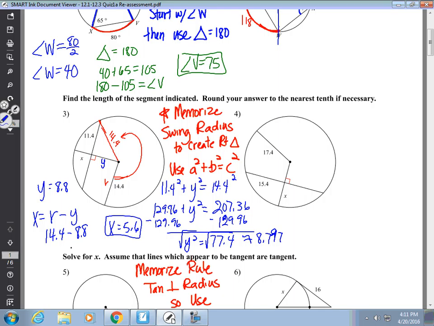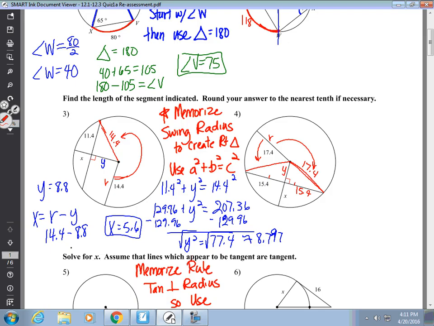On number 4, again, I'm going to ask you to swing the radius, but now we're going to swing it to the other side because I'm going to make my right triangle here. Swing it there, and label it. This 17.4 is your radius, and then our 15.4 is the leg. Because of that box, we know the chords are going to get bisected, and that's going to be our y.